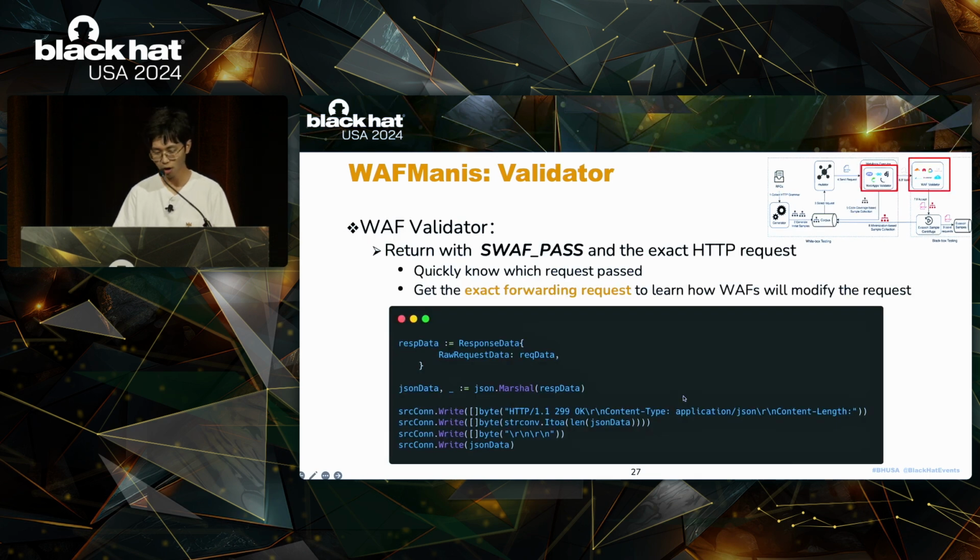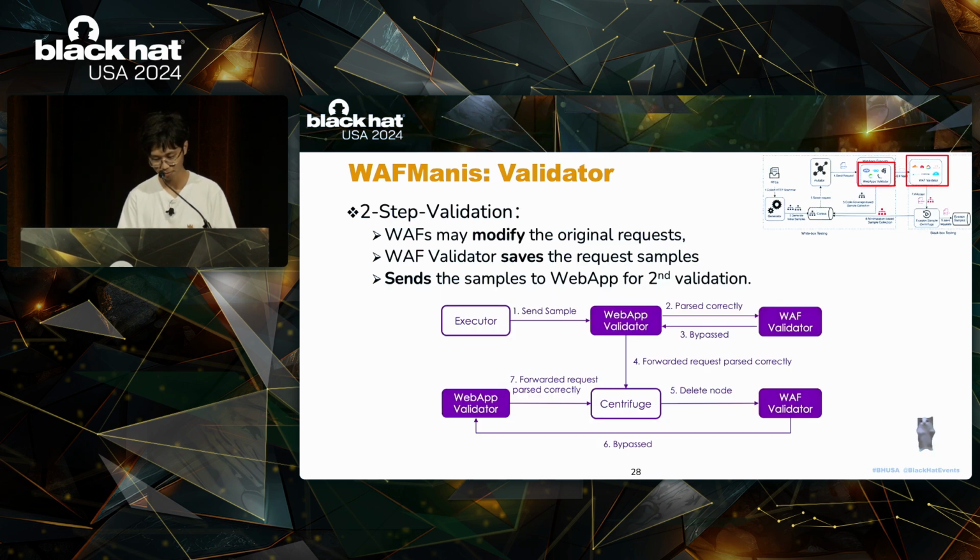For WAF validators, it will always return a special status code and the exact HTTP request in its response. So even though there are many ways that the WAF returns a block page, we can quickly know the request has passed as soon as we see the special status code in the response. And we can get the exact forwarded request to avoid the false positives caused by the normalization of the WAFs.